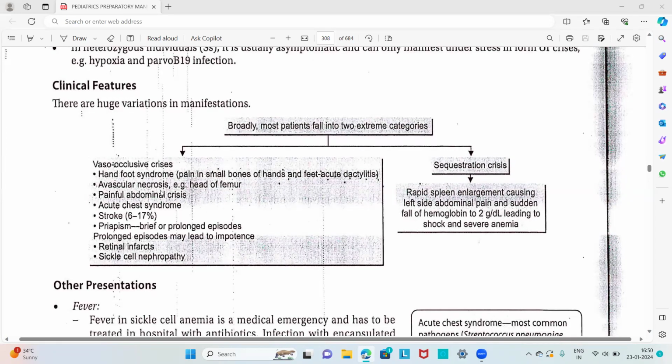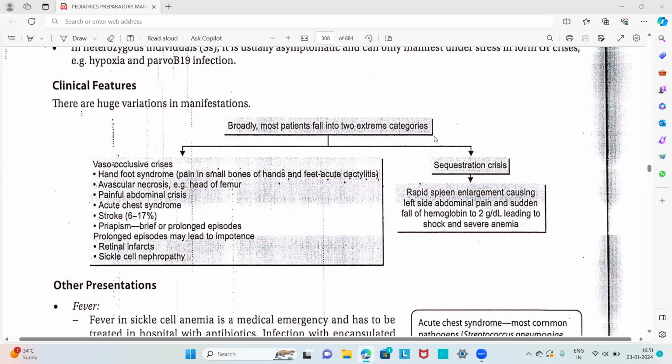Then we have avascular necrosis, for example of the head of the femur, painful abdominal crisis, acute chest syndrome, stroke in 6 to 70% of cases, and priapism, that is a brief or prolonged episode, the prolonged episode may lead to impotence. And then there will be retinal infarcts and sickle cell nephropathy. These are the clinical manifestations under the vaso-occlusive crisis.